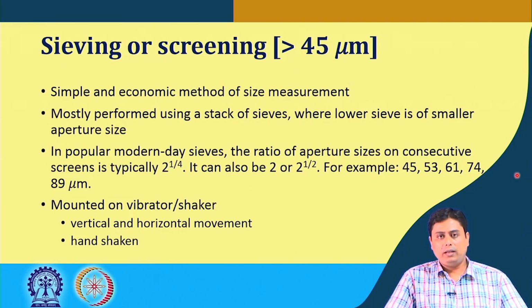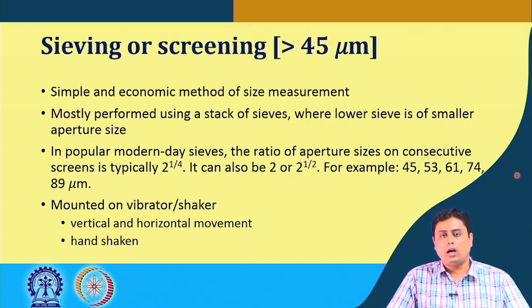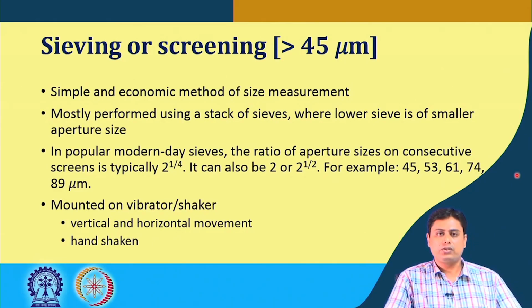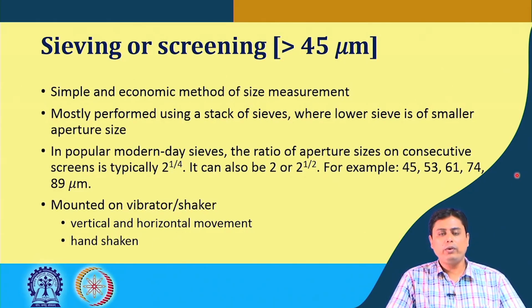One typical example of sieving is in our household applications, when we separate different sizes of rice grains or wheat or flour in a strainer, or even when we separate the tea leaves from tea with a strainer.